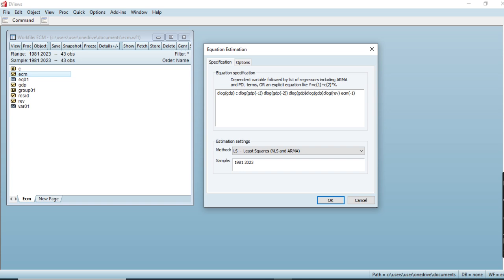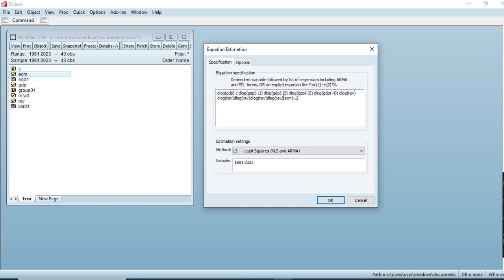Give space. The next one, minus 3, then we close the bracket. Next, the 4th lag, put here minus 4. Close the bracket. Then for revenue, we also have to duplicate it into 4.